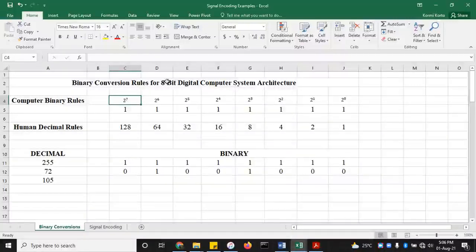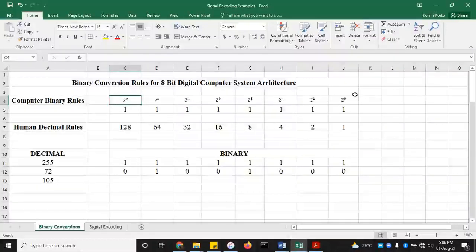For an 8-bit digital computer system architecture, the rule states that since you're dealing with binaries and it's only 2 states, engineers or mathematicians have figured out a way to convert from computer binary rules to human decimal rules.